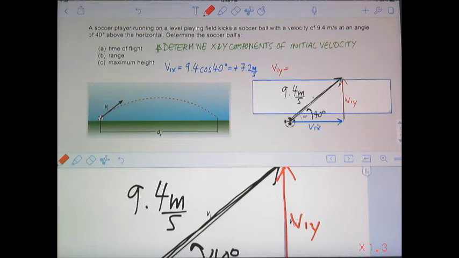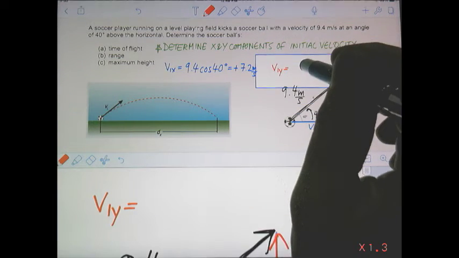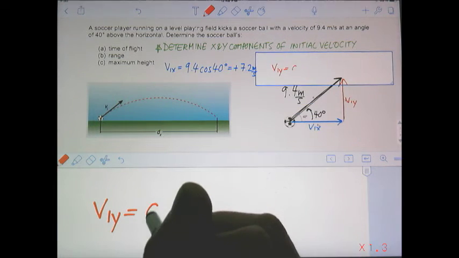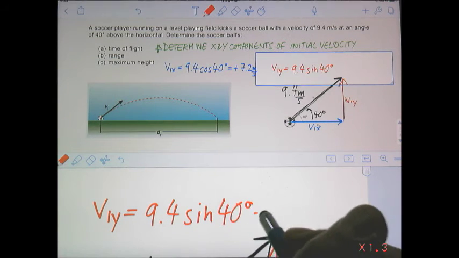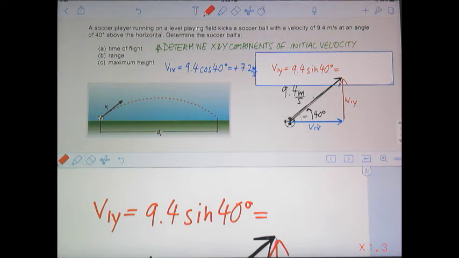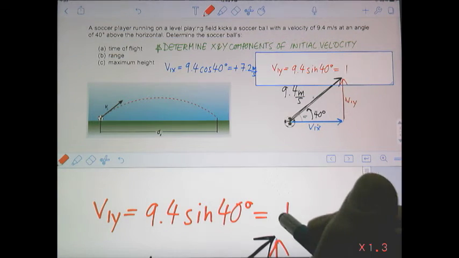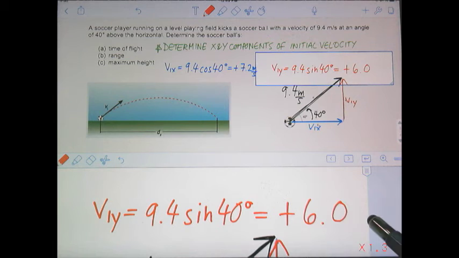Opposite over hypotenuse leads us to sine. So we have 9.4 sine 40 degrees. Punch it into your calculator, into two significant digits. You get 6 meters per second up, and up is denoted with a plus sign.